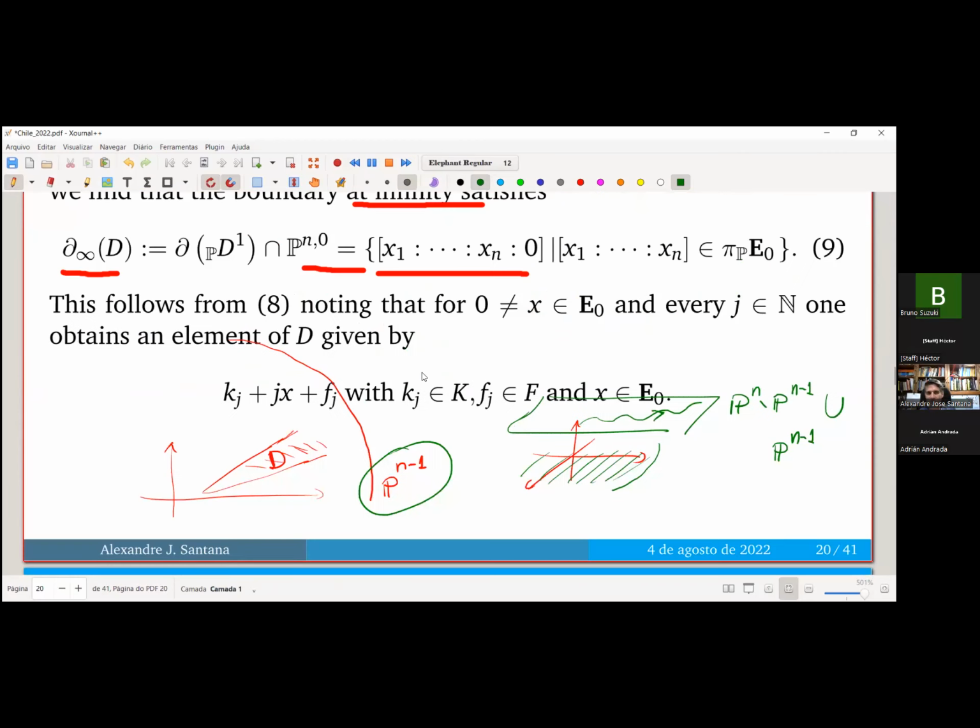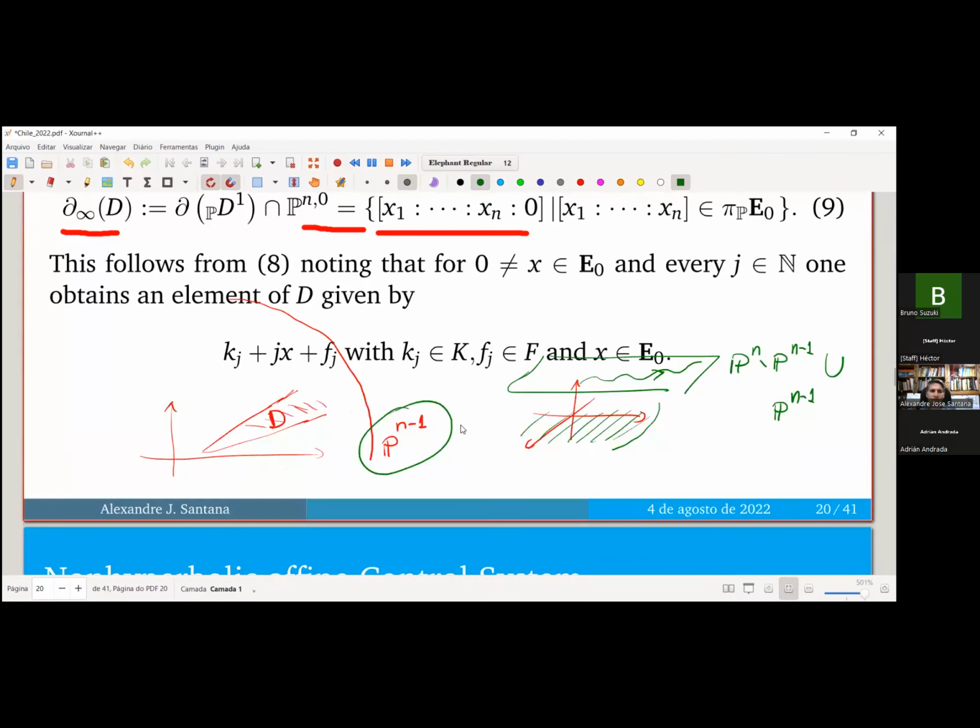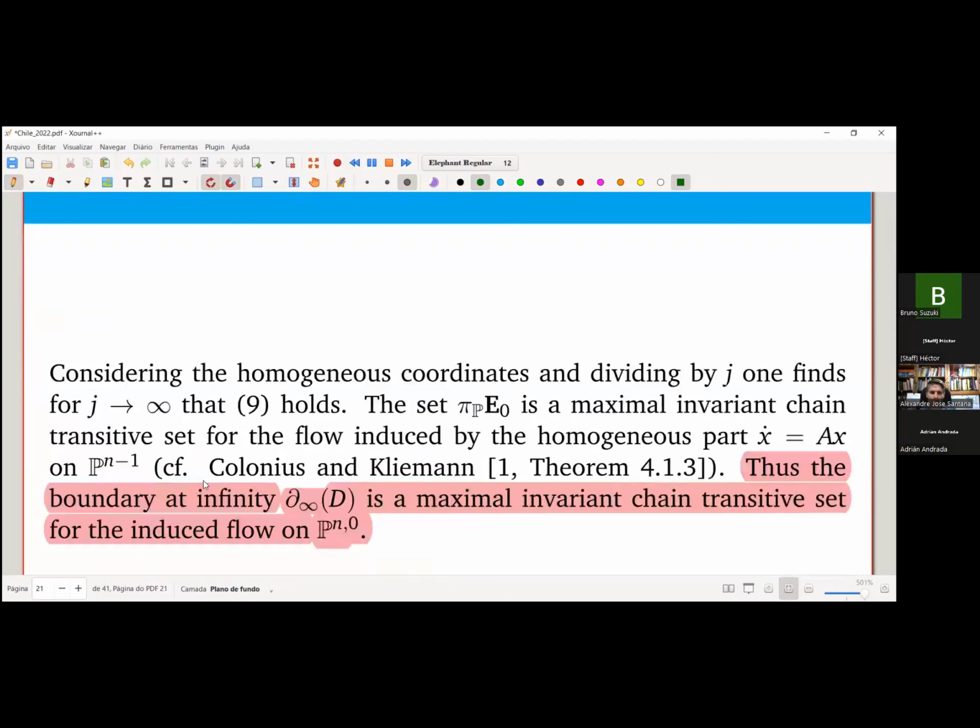So in this case, we can compute this and prove that the boundary at infinity of the control set D is a maximal invariant chain transitive set for the induced flow in P^n.